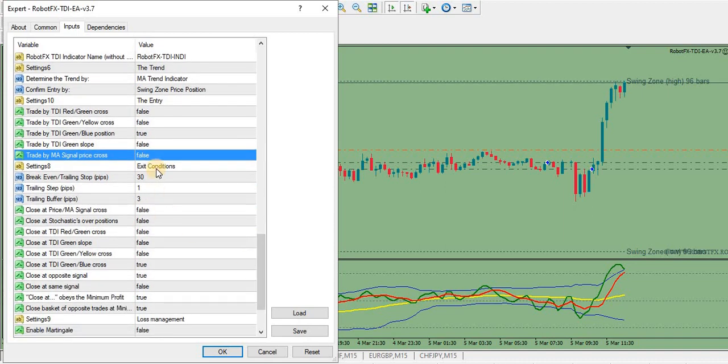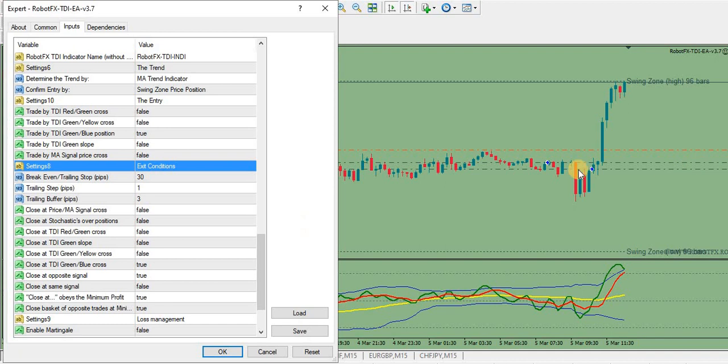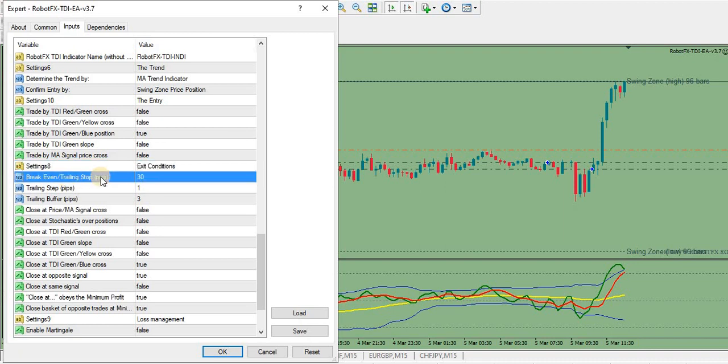And then we have the exit conditions. So once these trades are open, one of the exit conditions is obviously the break even or the trailing stop, which is the same, 30 pips in this case. If the price falls back now, both trades will close because the price will hit the stop loss, the trailing stop.